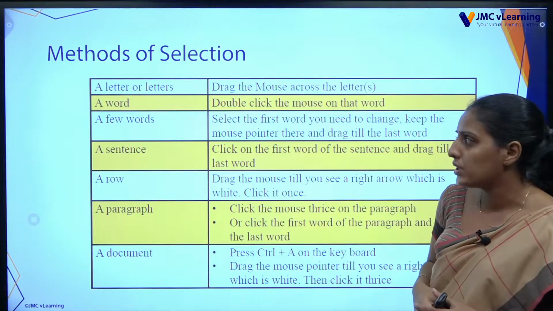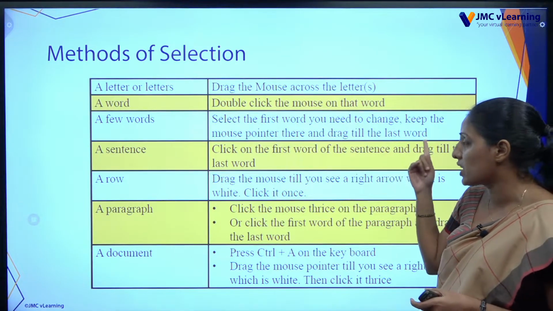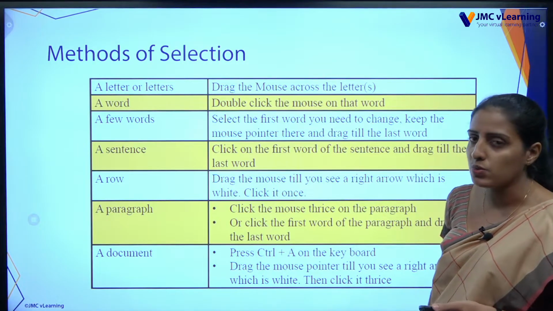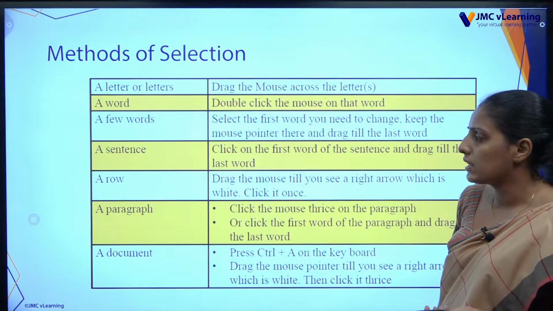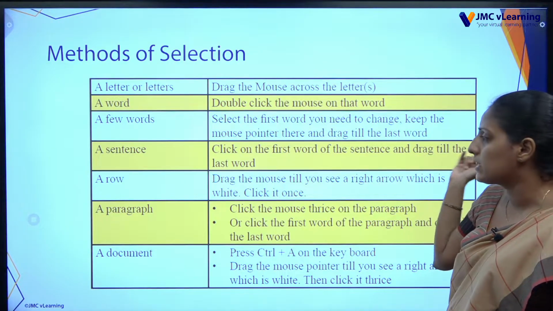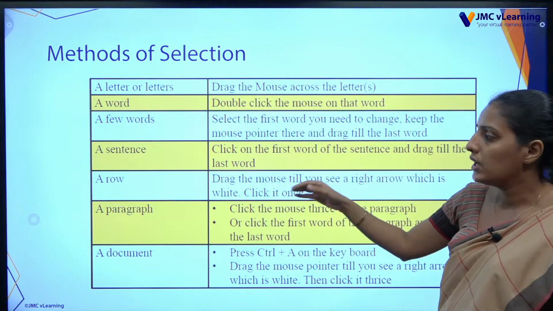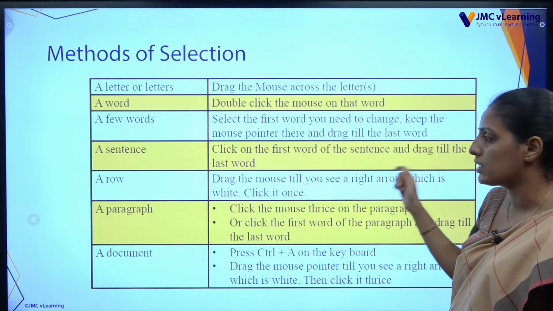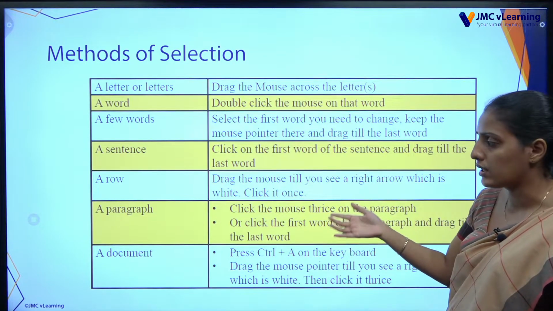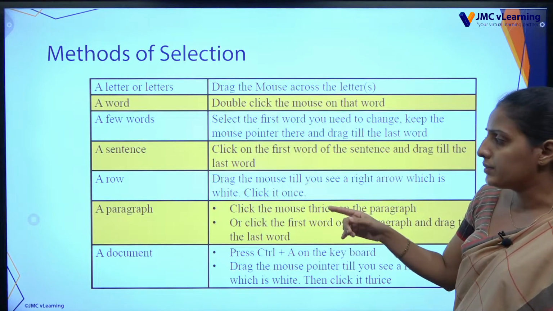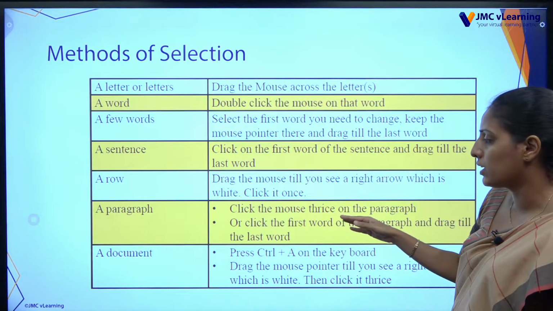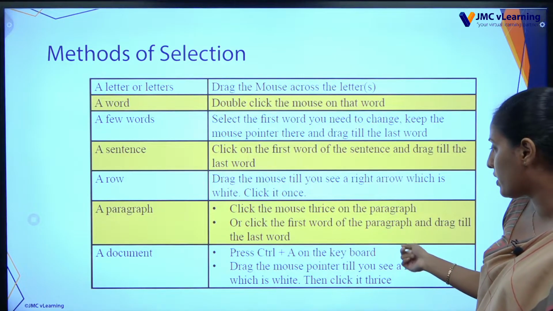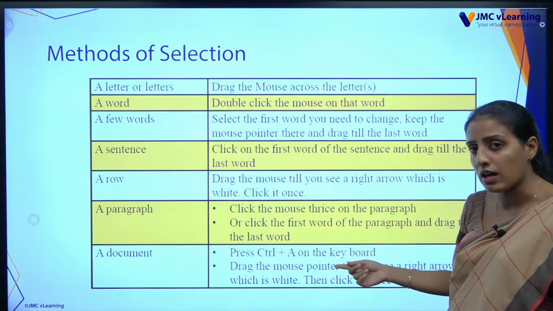A few words: select the first word you need to change, keep the mouse pointer there and drag till the last word. A sentence: click on the first word of the sentence and drag to the last word. A row: drag the mouse till you see the white arrow, click it once. A paragraph: click the mouse thrice on the paragraph or click the first word of the paragraph and drag until the last word.